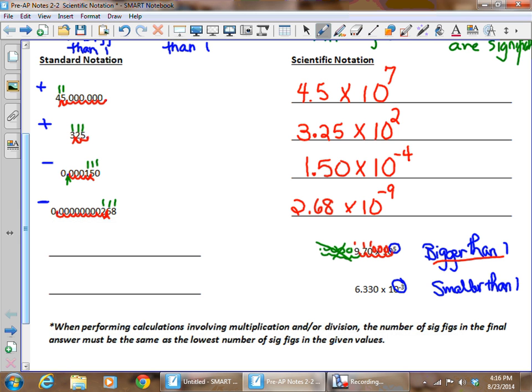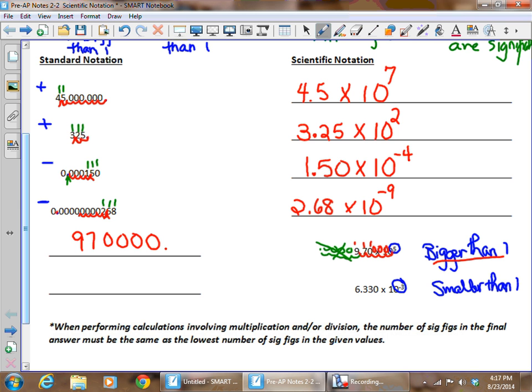Now, I get this. Don't write this down yet. I get this all the time. People write this down, and they keep the decimal in that position, but think about what we're doing. The whole purpose of this is to move that decimal to a different position. So we've got to move that decimal to a different position down to here. But now remember what else we said. We need for this to have the original number of sig figs, 3 sig figs.